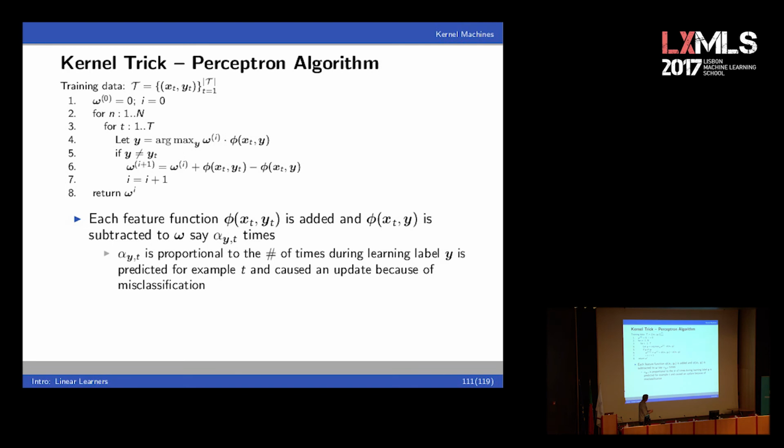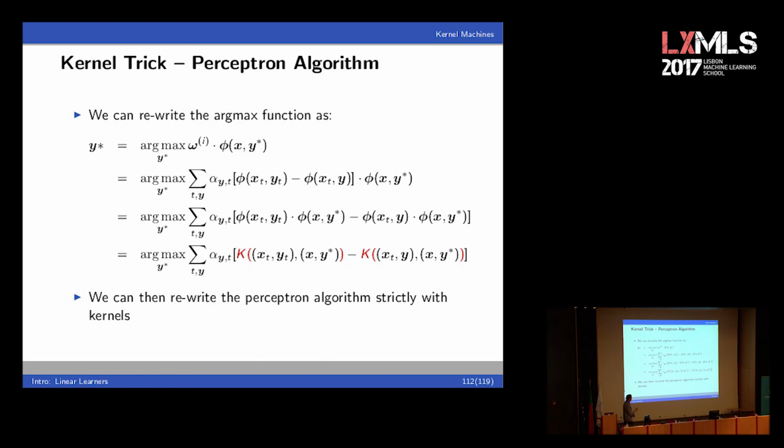Then we are adding up a good one and subtracting a bad one, right? So alpha could be our new parameter to optimize that tells us the proportion of times the label has been predicted and caused an update because of misclassification. So we can express the weight vector basically as the sum over all examples and updates where we made a misclassification, where we add up the good one, subtract the bad one, alpha times. So we now got rid of W in our algorithm.